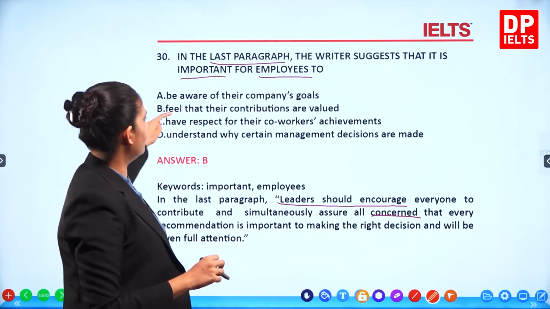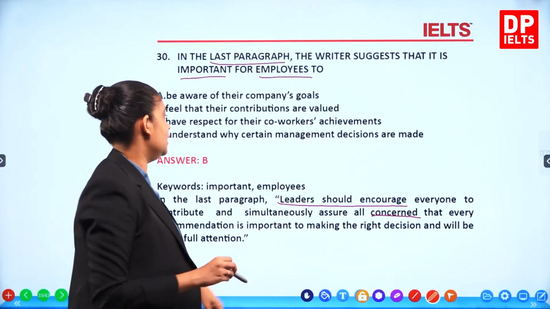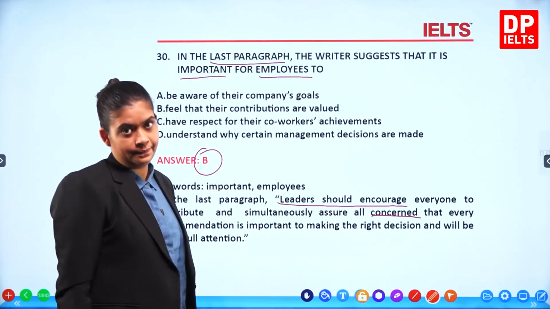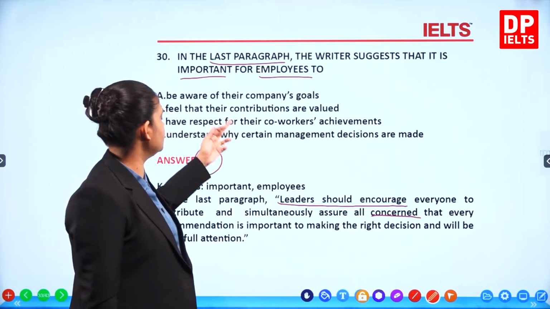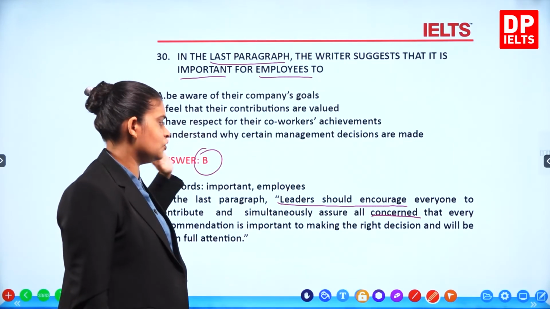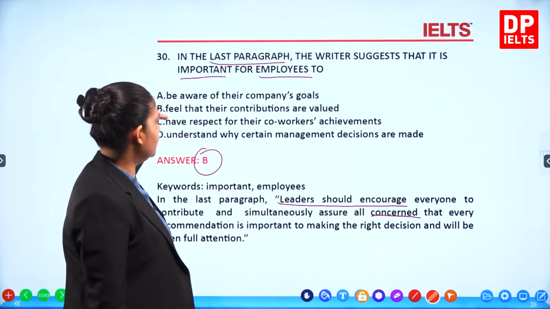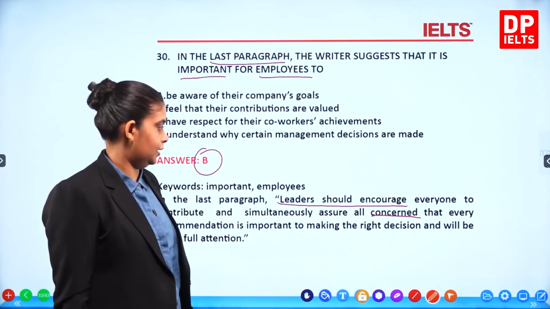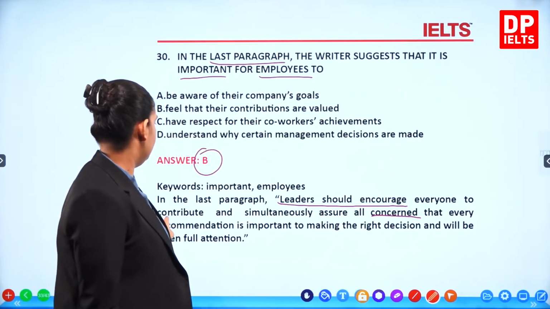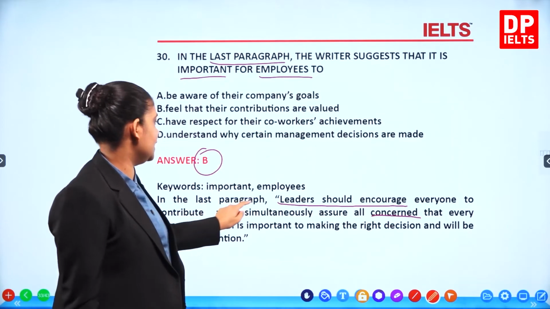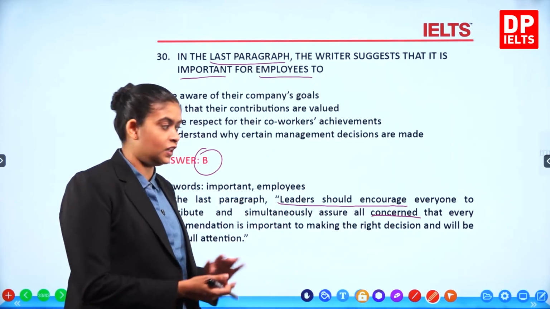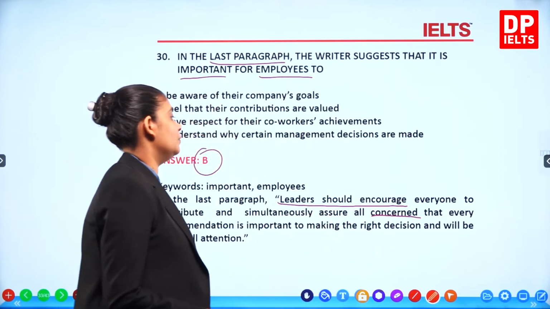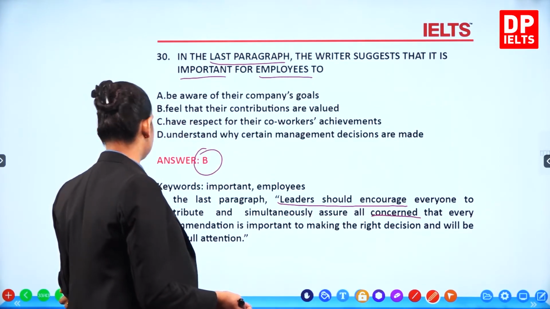Okay, so that their contributions are actually valued. Answer is B. You don't respect co-workers, you don't understand why certain management decisions, no. Company goals, definitely no. About their contributions, yes, definitely. Here, everyone to contribute and simultaneously assure all concerned that every recommendation is important and the right decision will be given full attention.